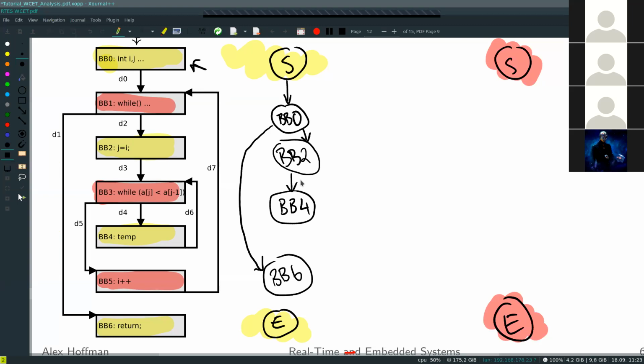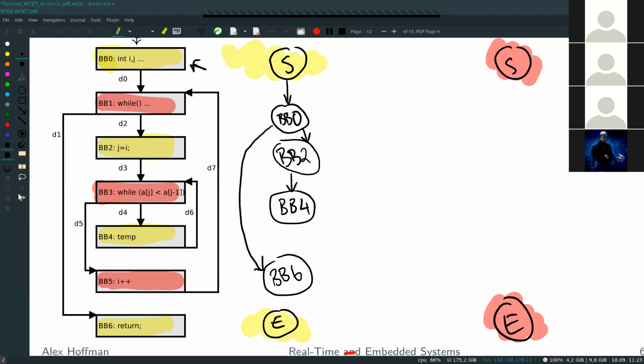Why is it that you go from just going to BB6? So you think about your program's execution, we're at BB0, we want to draw the connections between the yellow blocks, but we still think about the actual flow. The program can still hit that while loop and go to BB6. But we want to draw a graph that shows the transitions between the yellow blocks, the L blocks. So the while loop could still send us to BB6.